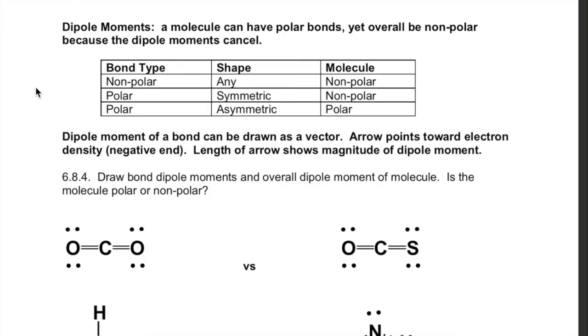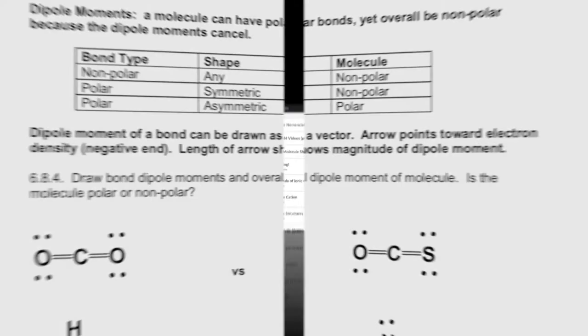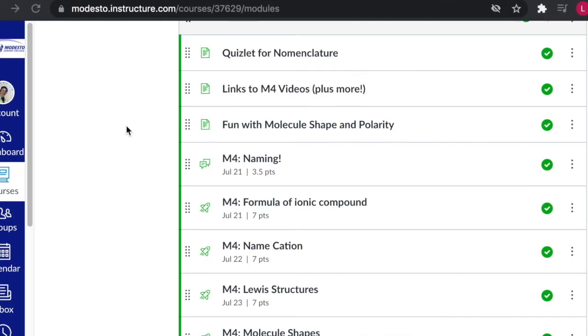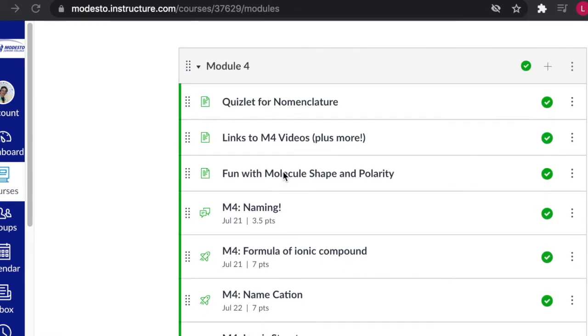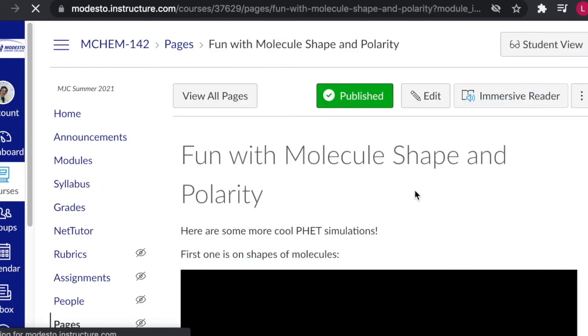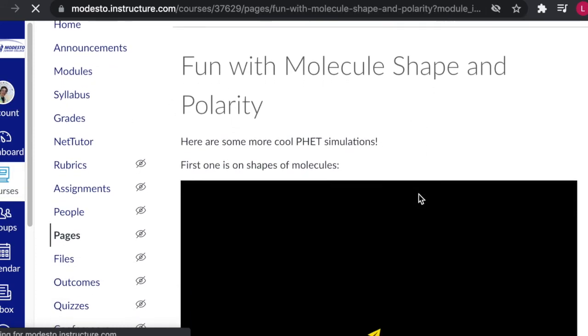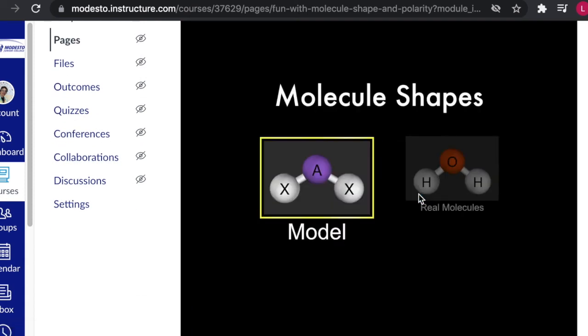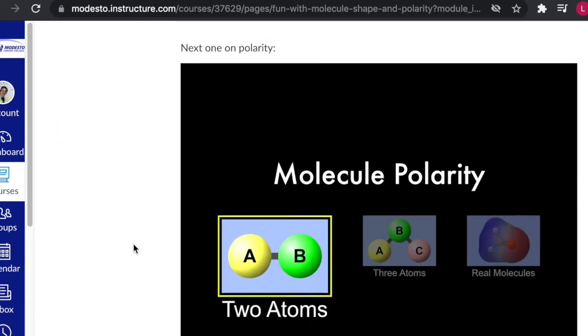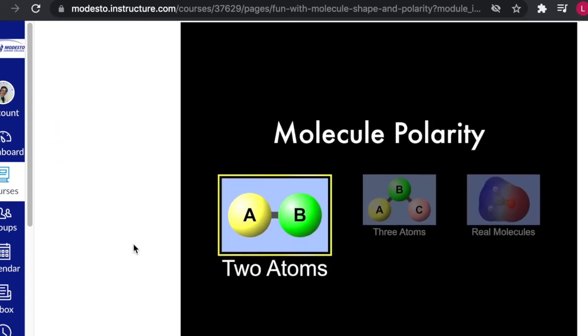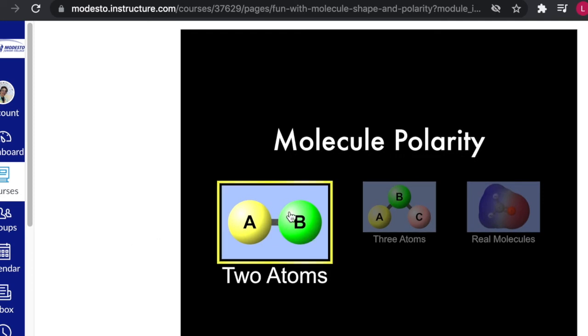So there is a cool simulator that lets you play with these molecules and shapes and the polarity of the bonds. I wanted to show you in Module 4 on Canvas the Fun with Molecule Shape and Polarity page. It has a simulation. Besides the one about shape, the next one is about polarity of molecules.